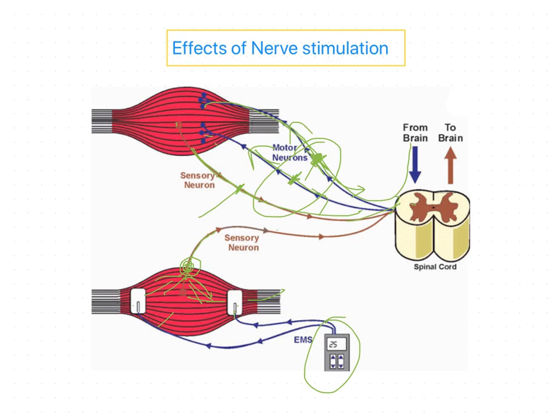From there it divides and supplies the muscle fibers in the form of motor neurons, isn't it? So at this point we can get the maximum contraction of the muscle, or otherwise, where muscle fibers emerge from the superficial ones, there we can get the maximum contraction.